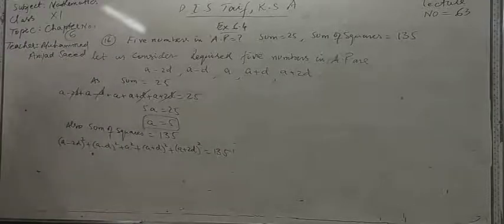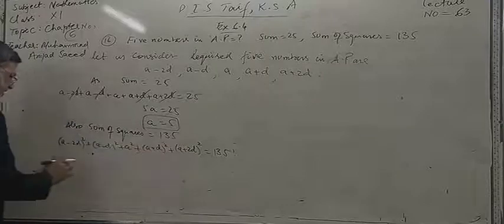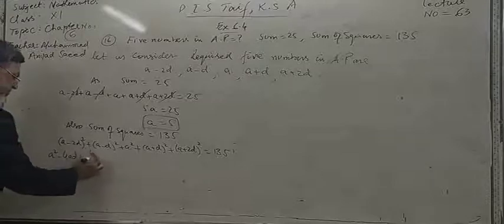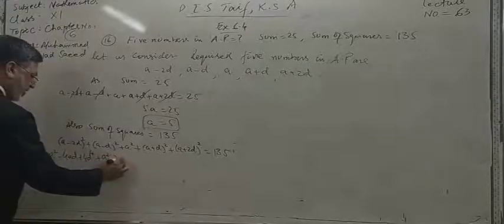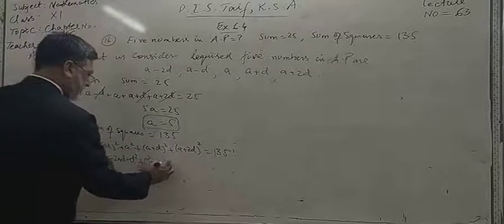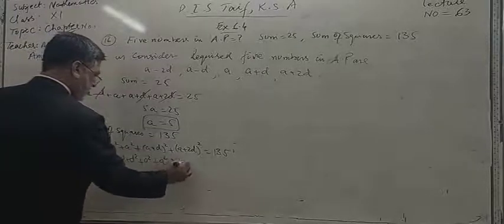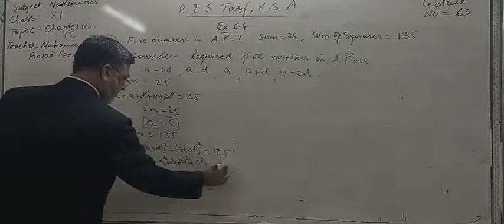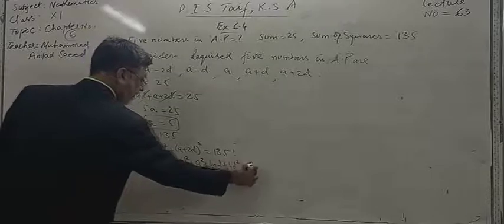Dear students, we can open up the formula of square. A square minus 4AD plus 4D square, A square minus 2AD plus D square, plus A square, then A square plus 2AD plus D square, plus A square plus 4AD plus 4D square is equal to 135.